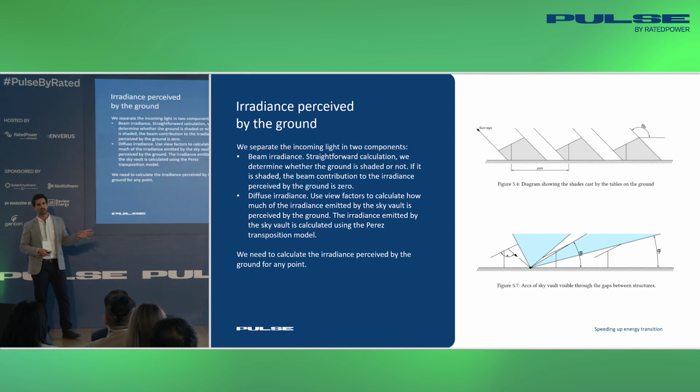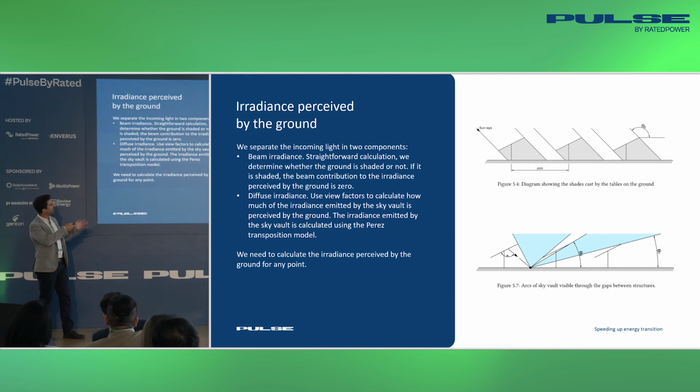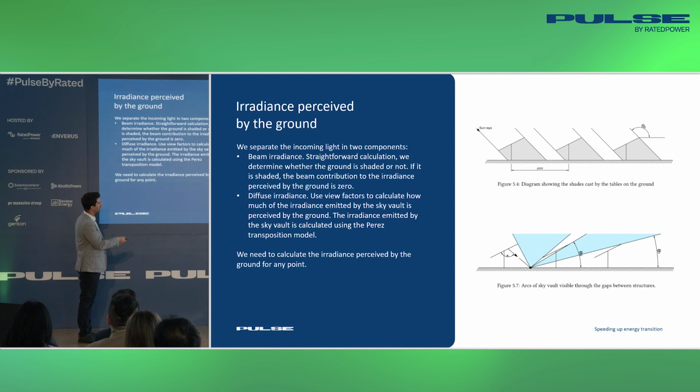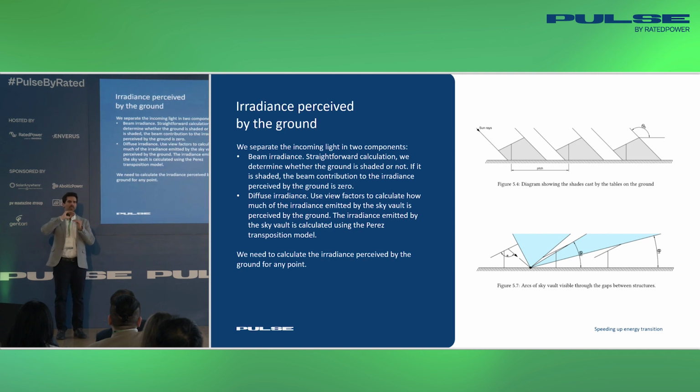It's important also to know that the irradiance here, it's not any irradiance value. For the beam irradiation, we can use the beam horizontal irradiation, of course, because it's measured on horizontal ground. But for the diffuse irradiation, we can't use diffuse horizontal irradiation because we are only interested in the part of irradiation that comes from the skyvault.